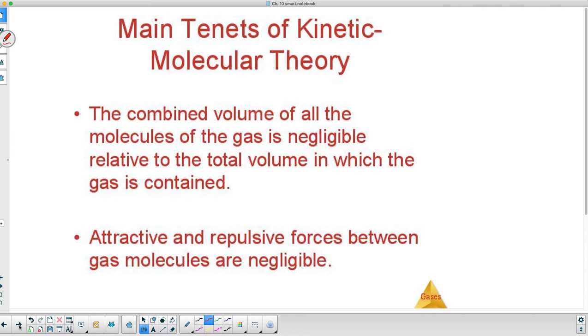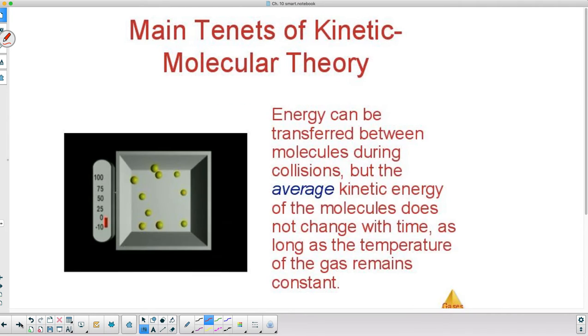It's just like when you start a game of pool and there's the loud crack and all the balls are flying around on the pool table. They're not attracted to each other and they're not repelled by each other, and that's what gas particles act like for the most part.